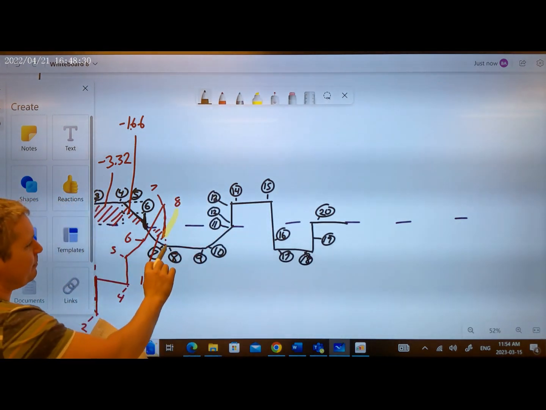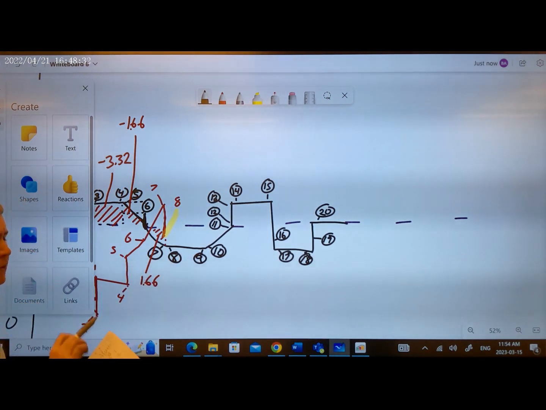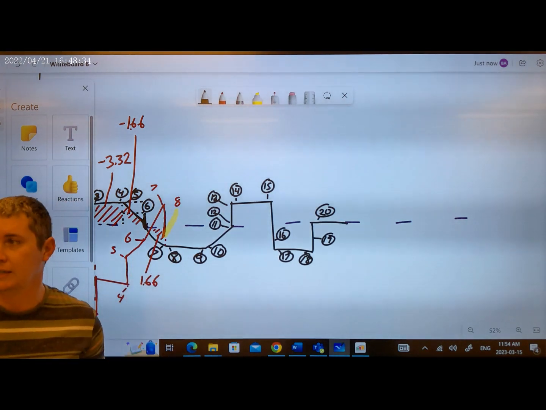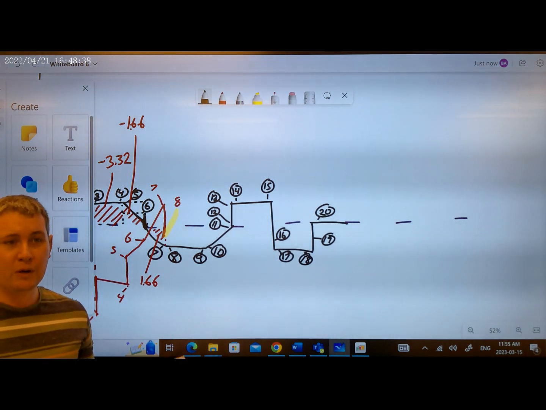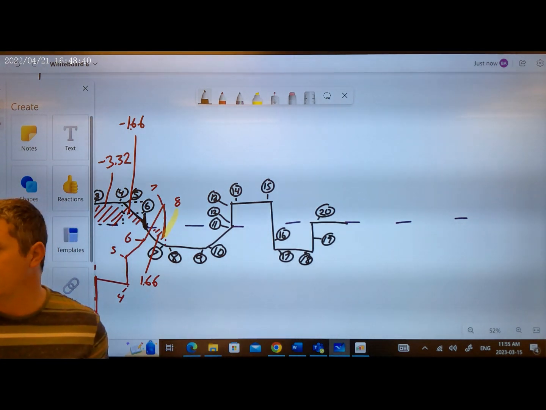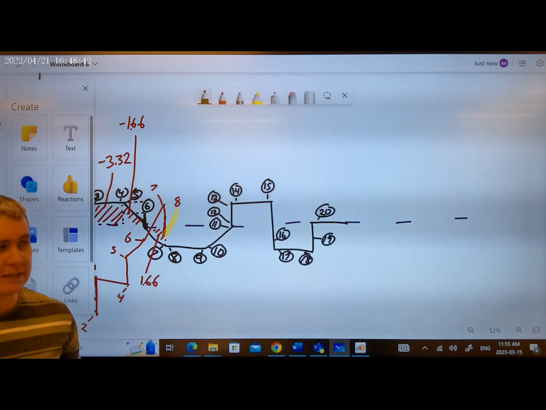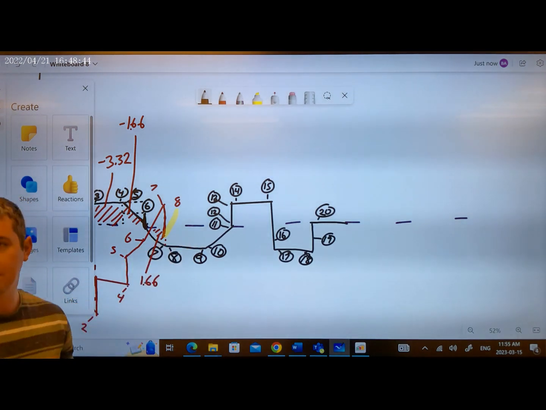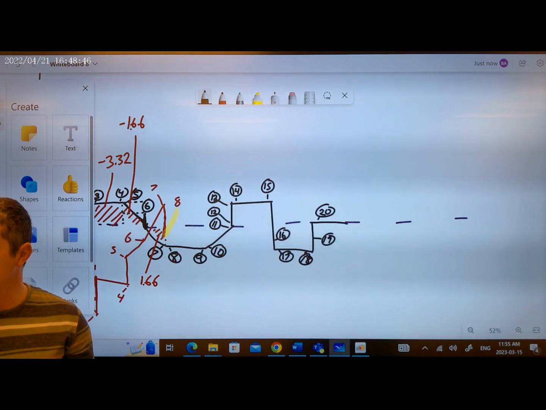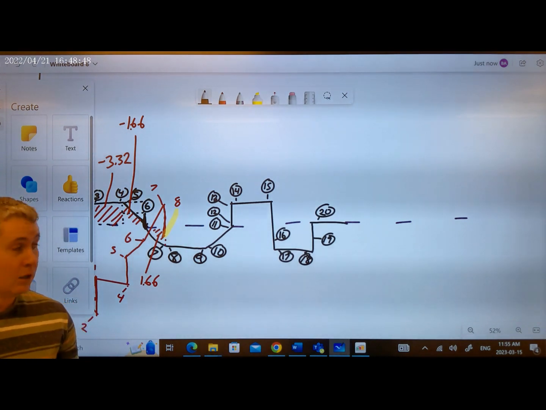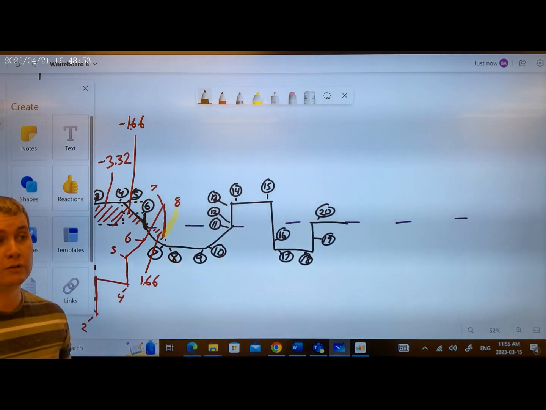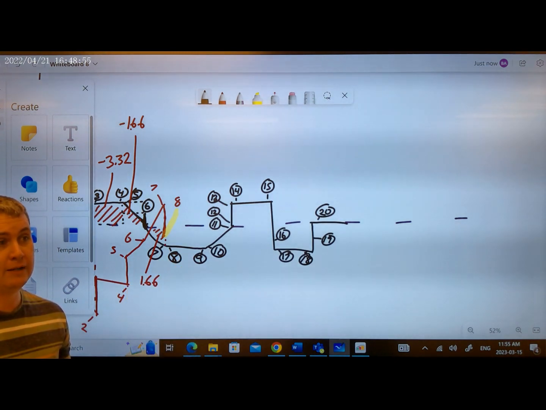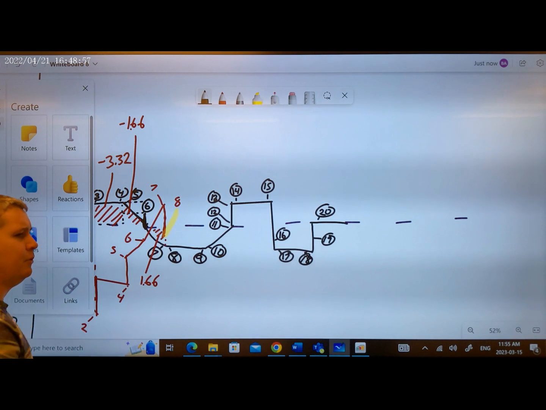Okay, so now at point 9, what would we expect to see and not to see? We would not expect to see any derivative action, right? Because there is no ramp rate. We are plateaued. We would expect to see proportional output, right? Because we're not at our set point.